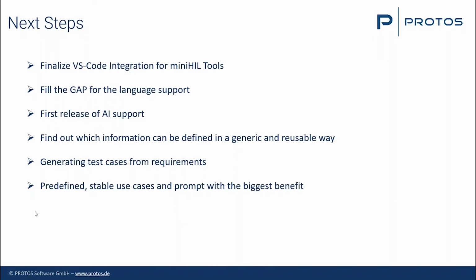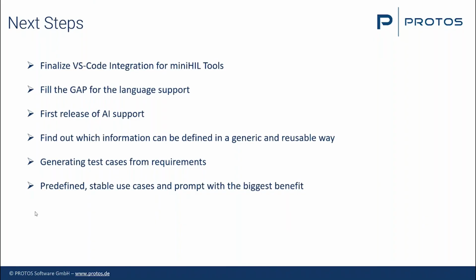We want to find out which information can be defined in a generic and reusable way, so as much as possible. So, for example, those language definition files and so on, not every customer or not every user should need to do them on his own. And we want to generate test cases directly from requirements.